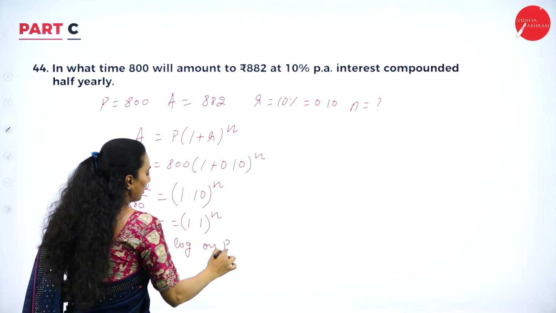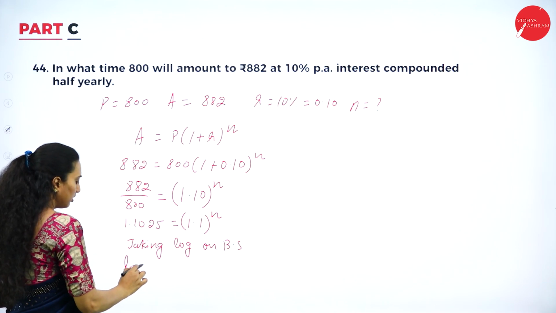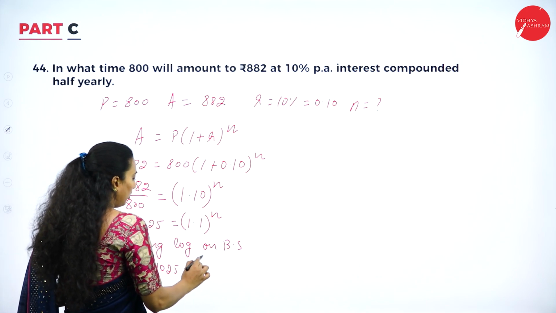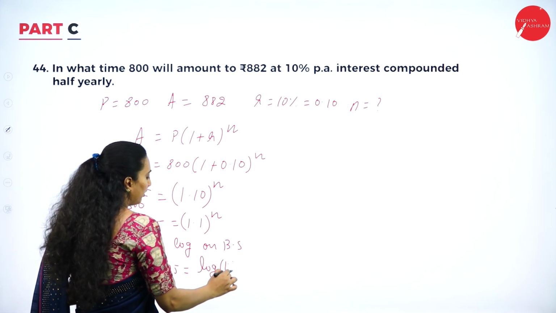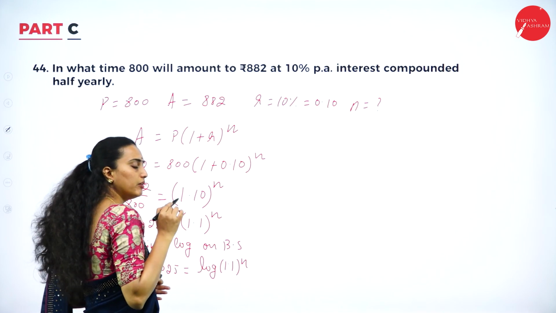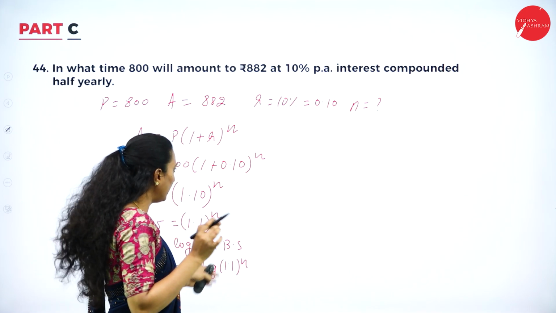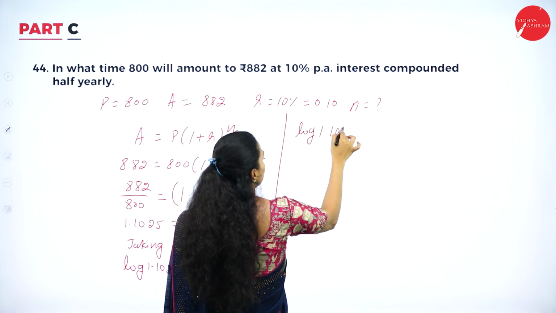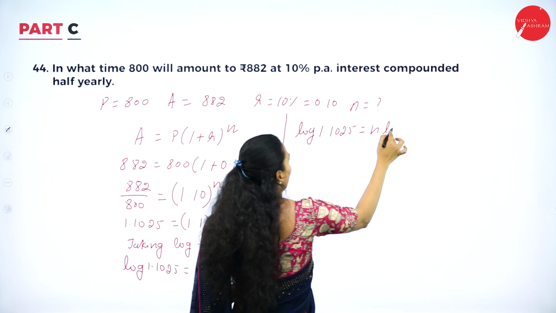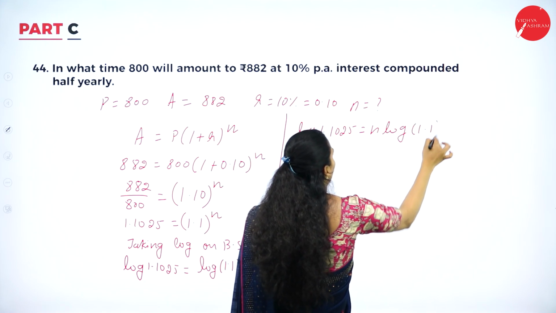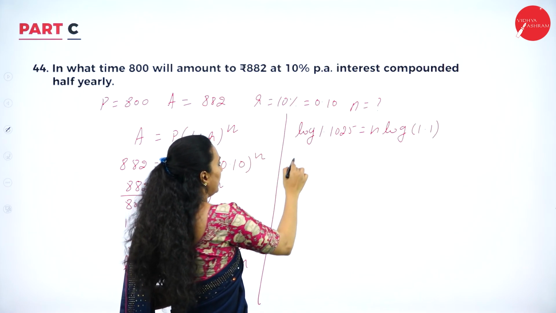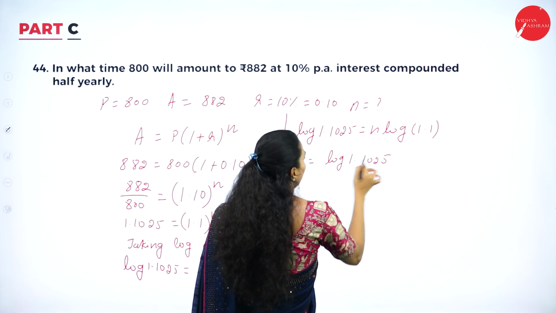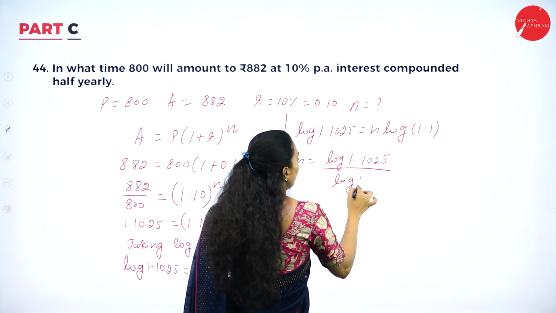So what happens? Log 1.1025 is equal to log 1.1 to the power of n, and the right-hand side will look like log m to the power n, which is n log m. So therefore log 1.1025 is equal to n log 1.1. So n can be equal to log of 1.1025 divided by log of 1.1.